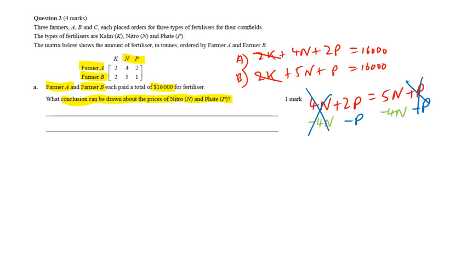And so 2P minus P is just P, and 5N minus 4N equals N. So P equals N. That must mean the price of nitro equals the price of fate, because N equals P.